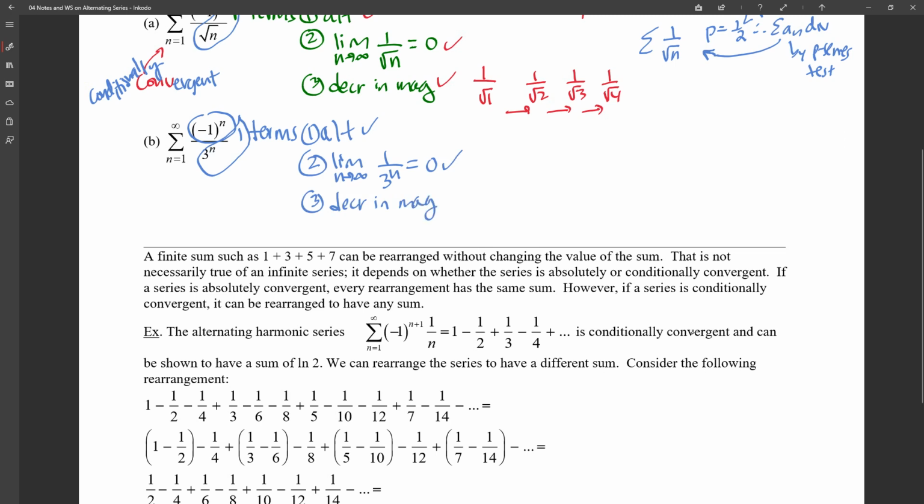I'm just looking at the a sub n: 1 over 3 to the 1, 1 over 3 squared, 1 over 3 cubed, 1 over 3 to the 4. Do these numbers decrease in magnitude? Yes, they do. So this series converges by the alternating series test.